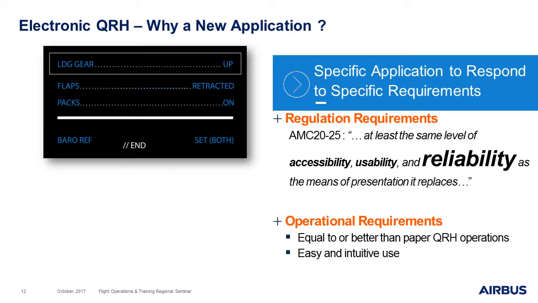The second example is related to the reliability of the displayed information. In fact, the eQRH display is based on a double layer mechanism that is generated by two independent processes. The first layer that is always visible to the pilot, the blue one, is called the main layer. Then a second layer that is called the control layer is perfectly hidden behind the operational layer in normal operations.